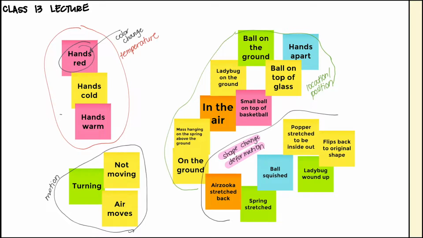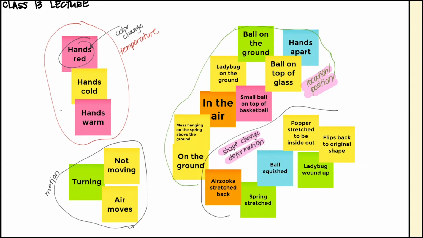We also looked at location or position. We called things that were moving or not moving motion. And we also had something called temperature. And there was a huge argument in Block 6 about whether or not color was going to fall under temperature, but then we talked about color change. So the hands turning red was an indication that there was maybe some sort of temperature involved.